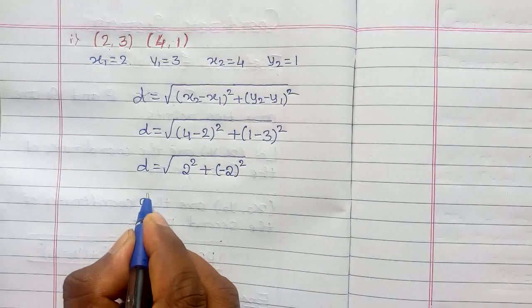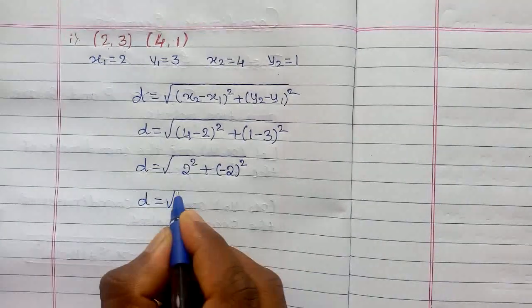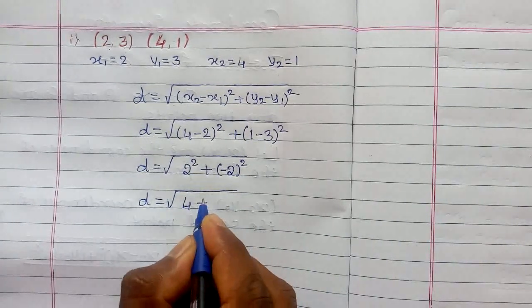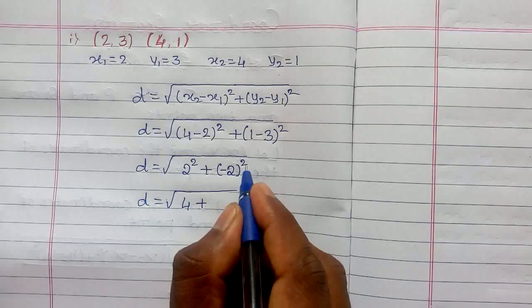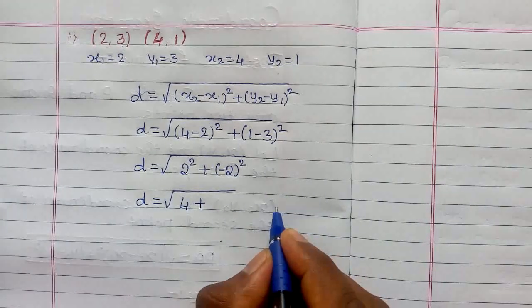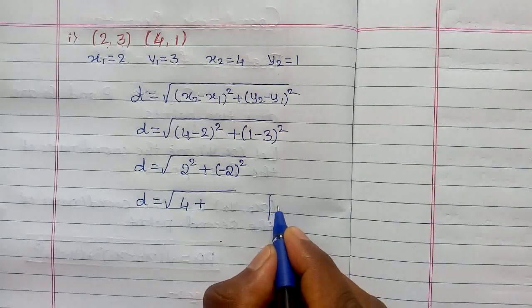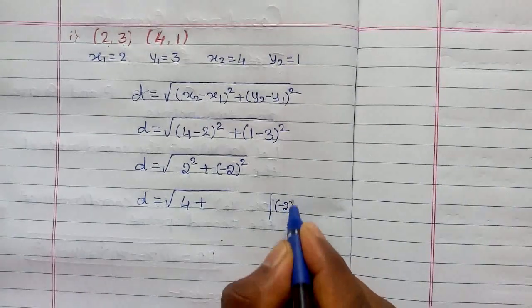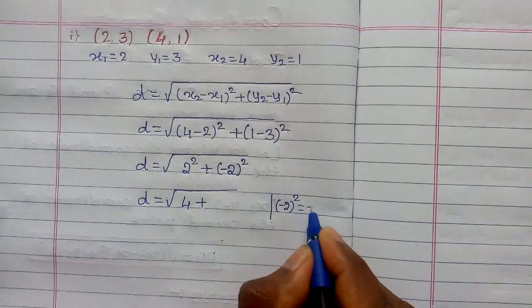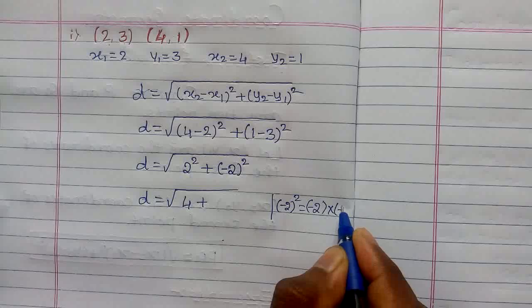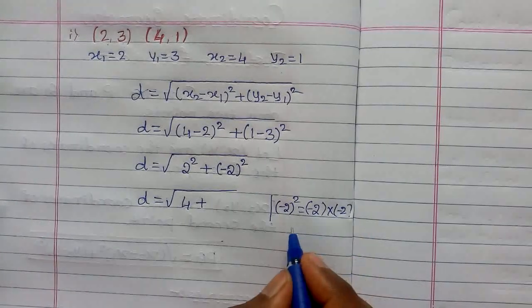Now d is equal to the square root of 2 square, which is 4, plus (minus 2) whole square. Minus 2 whole square means minus 2 is repeated 2 times, that is minus 2 into minus 2.